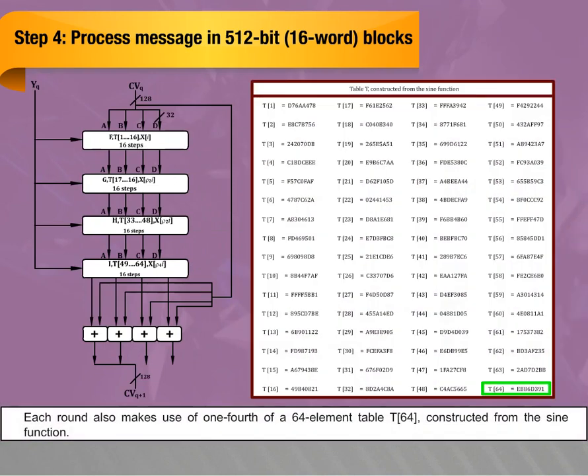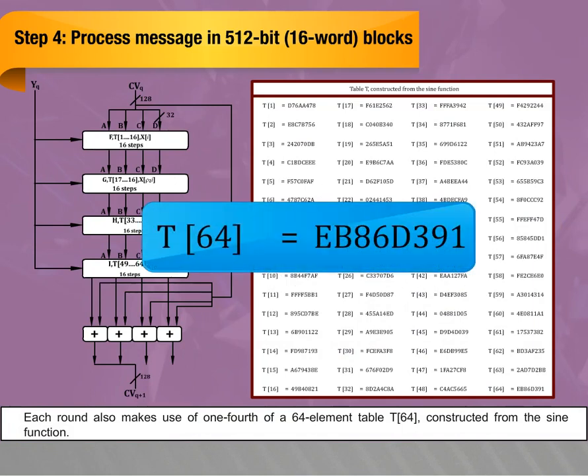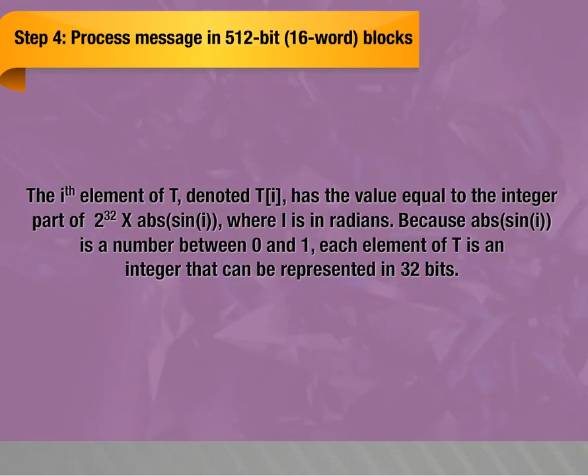Each round also makes use of 1/4 of a 64-element table T constructed from the sine function. The ith element of T, denoted T[i], has the value equal to the integer part of 2^32 times abs(sin(i)), where i is in radians.